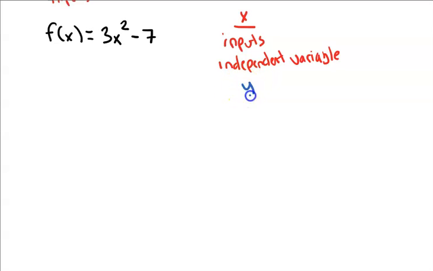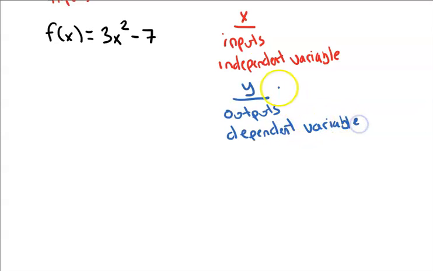The y value is the outputs, and we also call it the dependent variable because its value is dependent upon what I plug in for x. Now, y, we also interchange with f of x in its notation. So f of x is the output I get when I evaluate this function f for an input x.